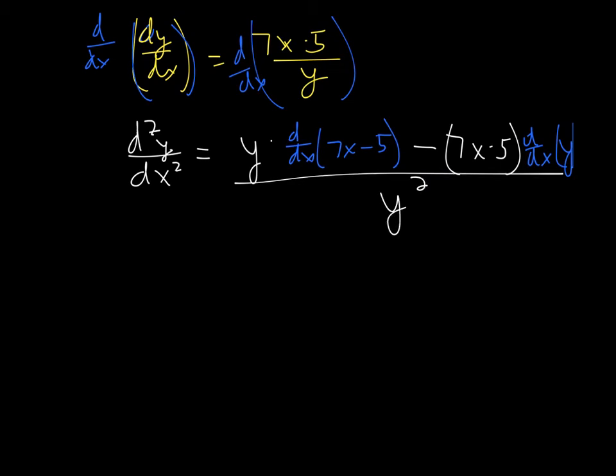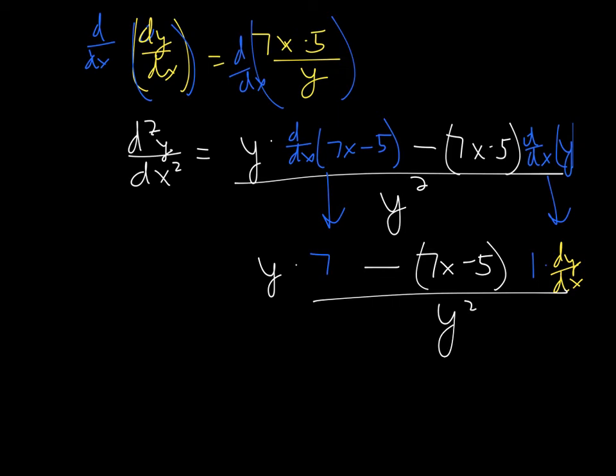So let's go ahead and take the derivatives where we need to. Derivative with respect to x of 7x minus 5 should be just 7 for that part. So I've got y times 7 minus 7x minus 5. And then over here, my derivative with respect to x of y. Derivative of y is just 1, but I'm going to have to follow that times dy dx. All over y squared. And that is my second derivative.